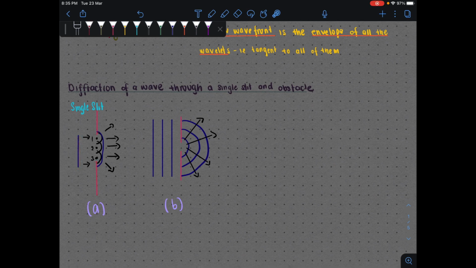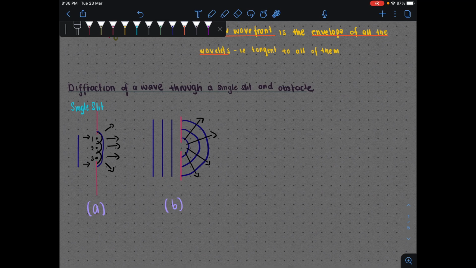When it meets the slit, we will have points which act as secondary sources for the wavelets. So every point will act as a source, and it will produce a tiny wavelet in its surrounding. After it produces tiny wavelets, the tangent of the wavelets is going to produce a plane wave, and then it's going to curve at the edge here. It will curve at the very end there. That produces the wavelets.